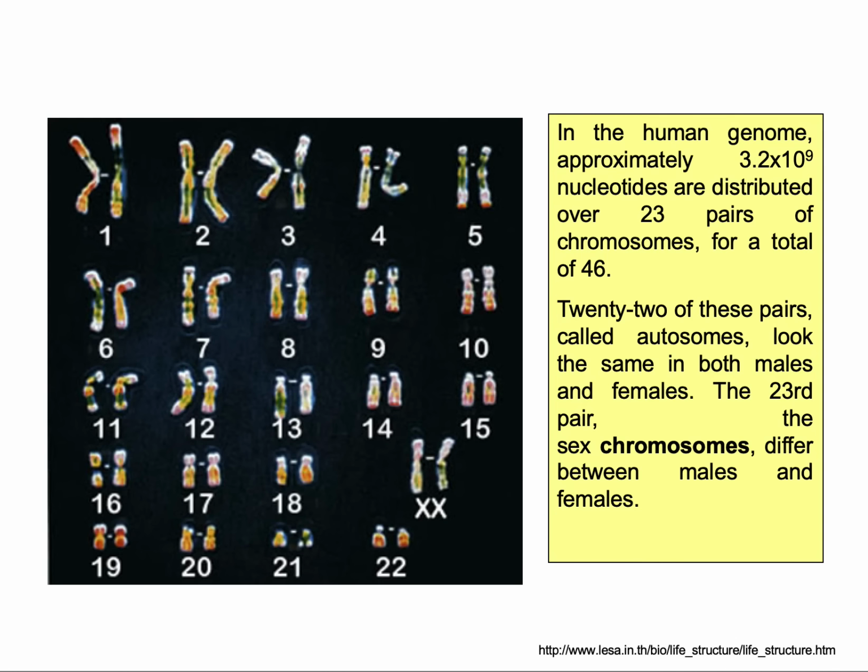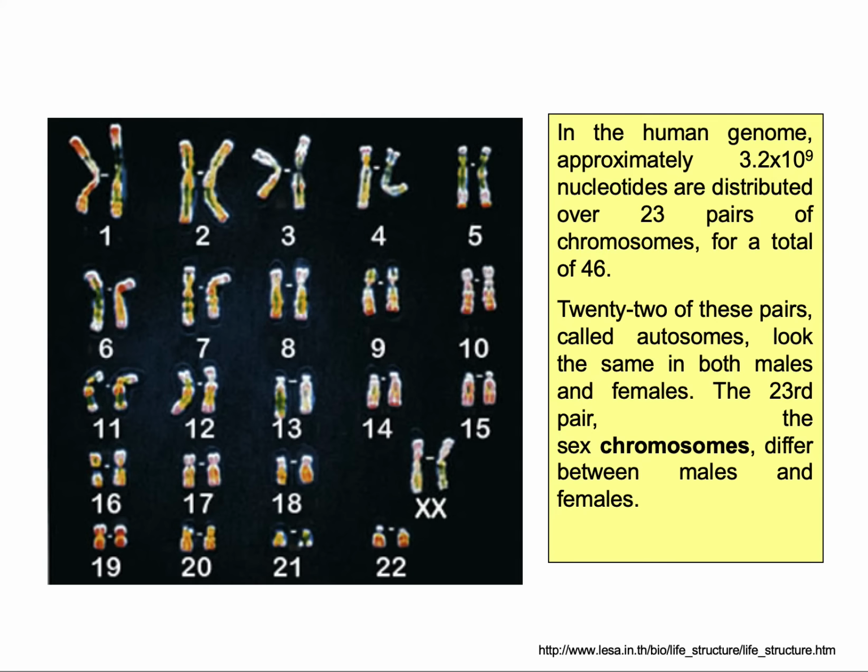And inside our nucleus, the human genome is defined by 23 pairs of chromosomes. These 23 pairs of chromosomes hold 3.2 billion nucleotides. When we say nucleotides, adenine, guanine, these are the bases.